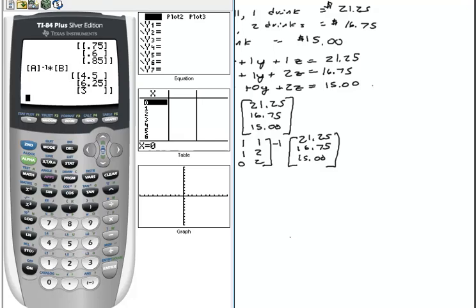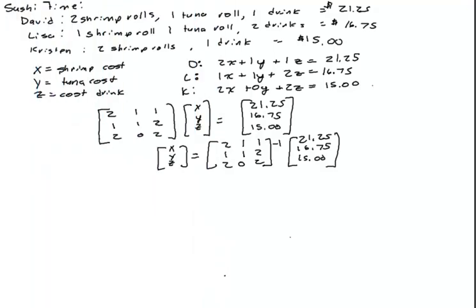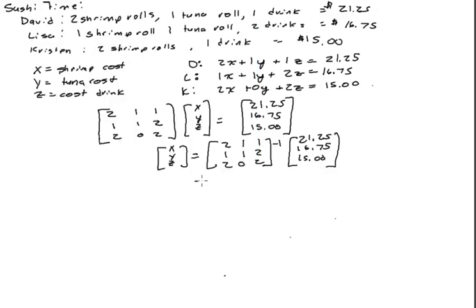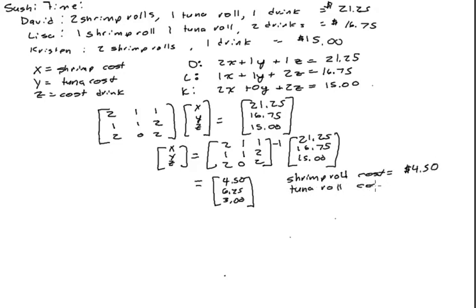So that's our answer, and so the shrimp roll cost is $4.50, tuna roll $6.25, and drink $3.